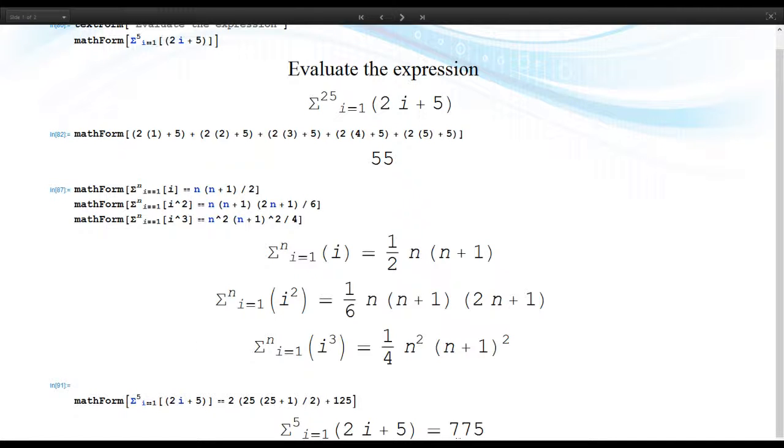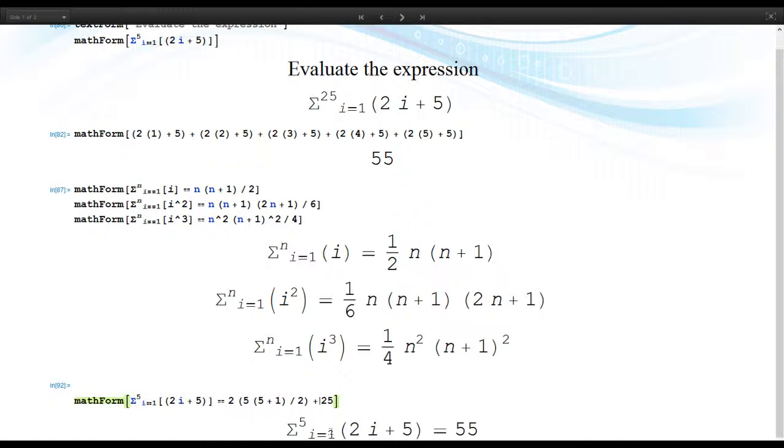Yeah, 775 is the answer once we change the expression to go from 1 to 25 instead of 1 to 5. If I'd plugged 5's in for n here and here, I get 5 times 5 is 25 here. Then I end up with 55, like the original question said.